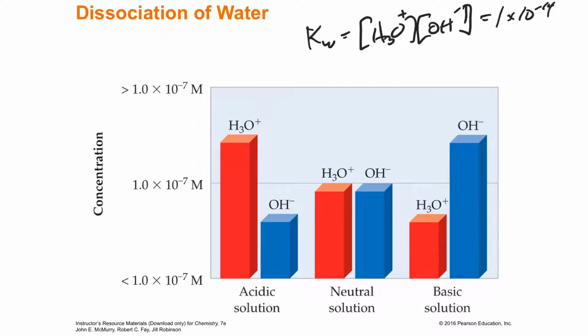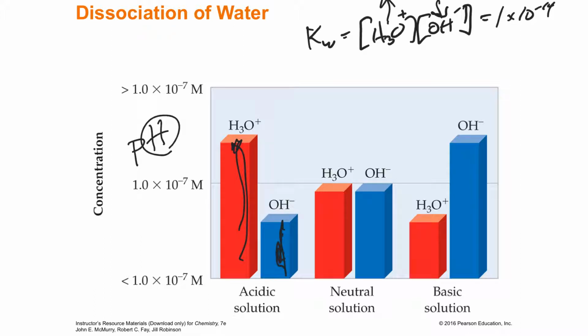So as one goes up, the other goes down. If you've got lots and lots of hydronium, you're going to have a little bit of hydroxide, and we're going to call that acid. pH is p-hydronium, the amount of hydronium in something. So if you've got high amounts of hydronium, then you're going to have lower amounts of hydroxide.